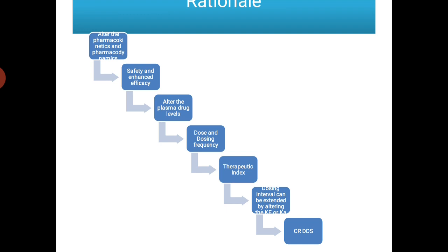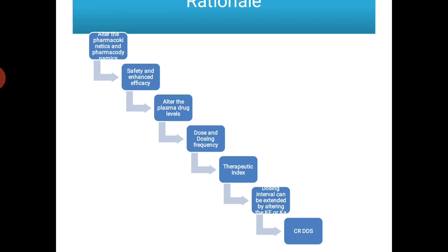So this type of issue can happen in a conventional dosage form. Thus, to overcome these issues, we may have to alter the pharmacokinetic and pharmacodynamic parameters, and our ultimate aim is to deliver the drug molecule safely and enhance the efficacy of the drug molecule. So this is the aim of designing a controlled drug release system.